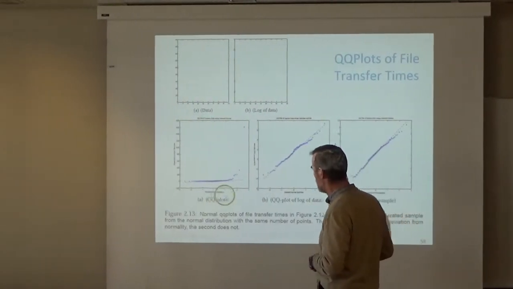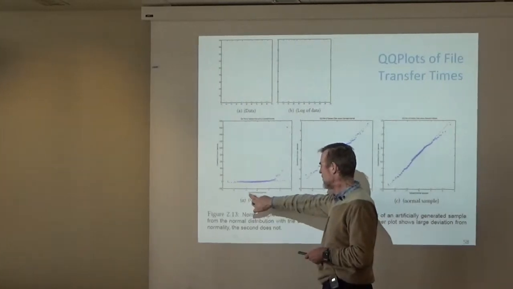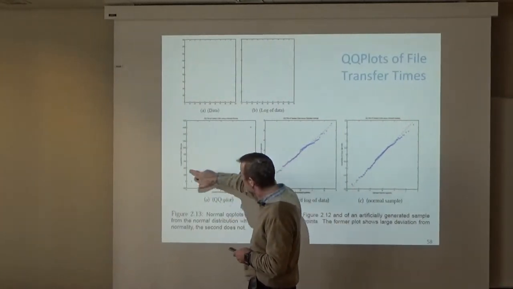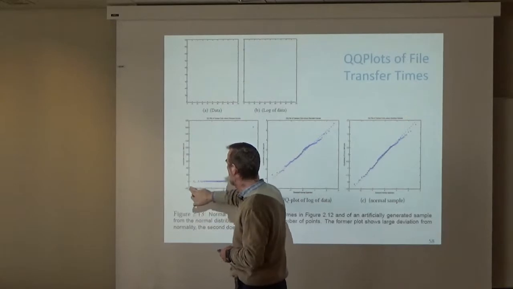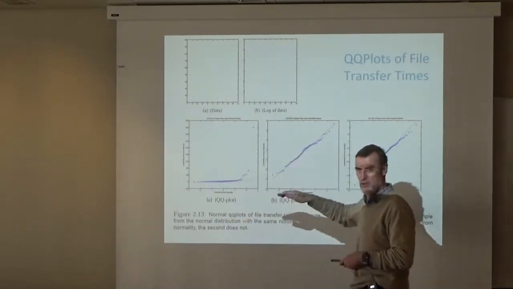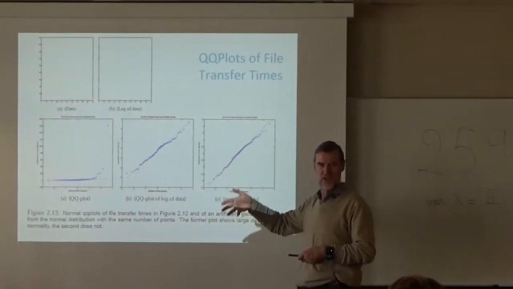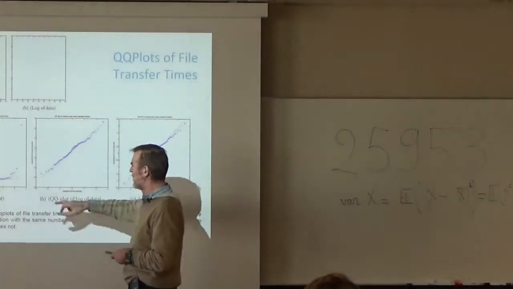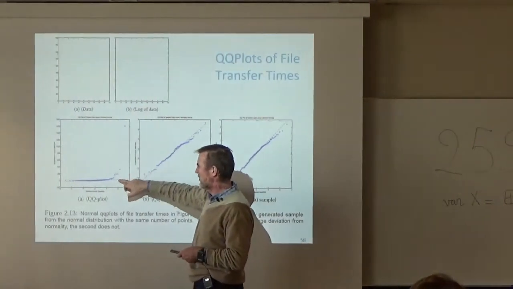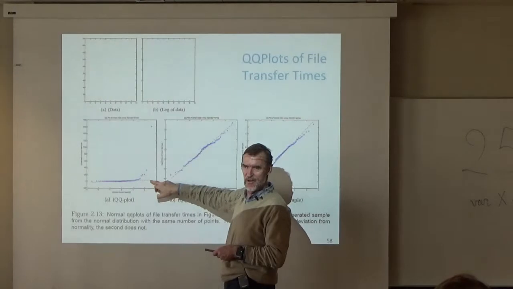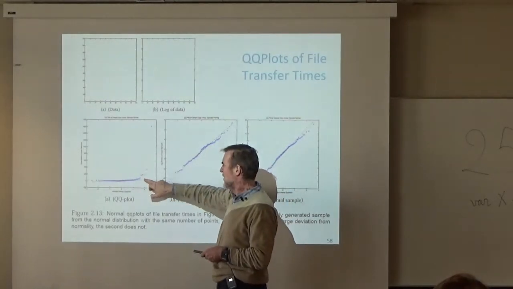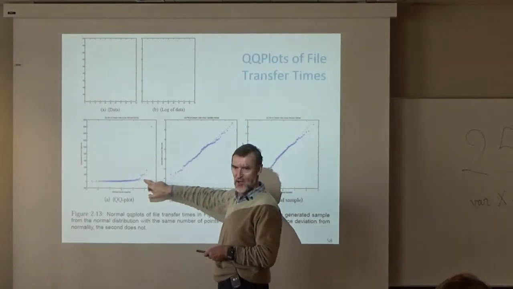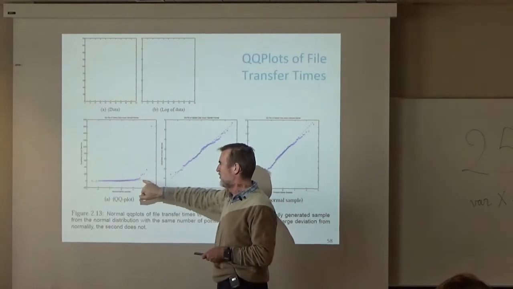So here, if I look at the x-axis, it's written standard normal quantiles, and here it's quantiles of input sample. So it means on the x-axis I have the theoretical values, on the y-axis the true values. We see that the true values are much larger than the theoretical values here. So this 99th percentile is much larger than what it should be if it were normal.